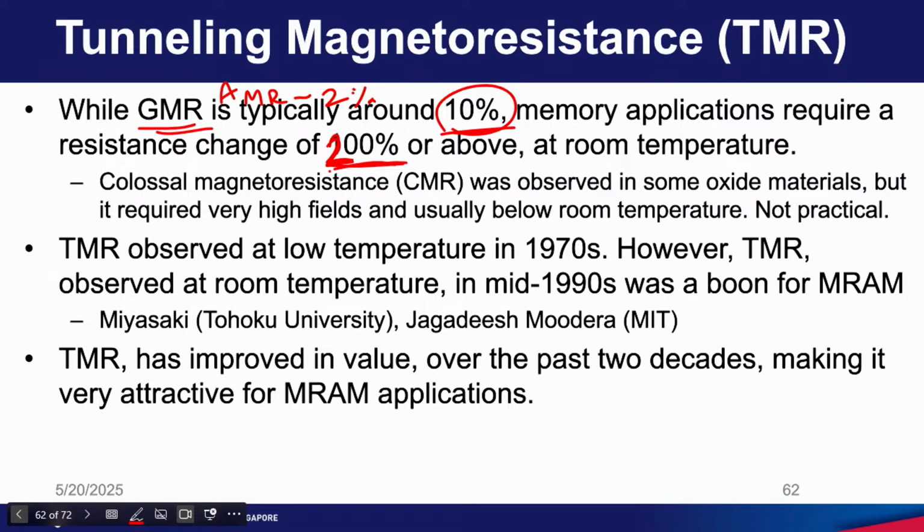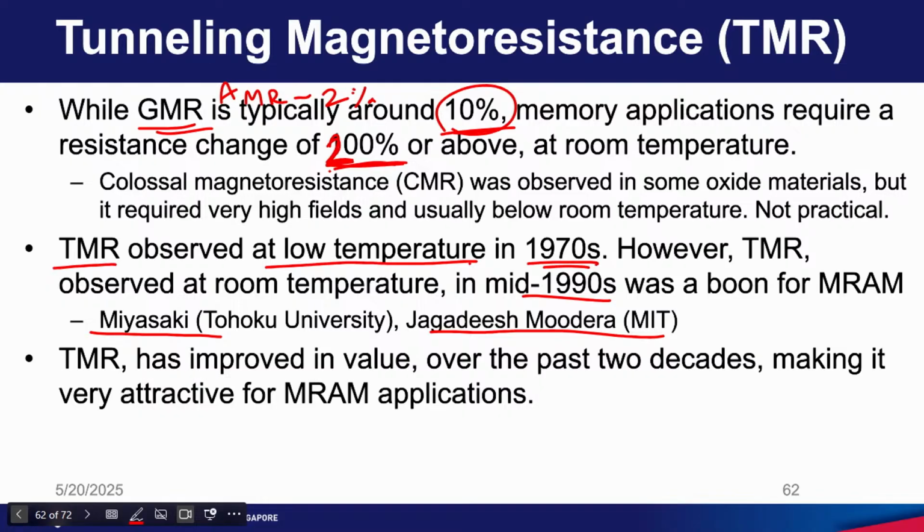Okay. So, even compared to GMR, TMR was observed much earlier. It was observed in the 1970s, but only at a low temperature. So, it was not useful for many years. However, in the middle of the 1990s, two scientists, Professor Jagadish Moodera from MIT and Professor Miyazaki from Tohoku University, Japan, again observed almost at the same time that we can achieve TMR at room temperature.